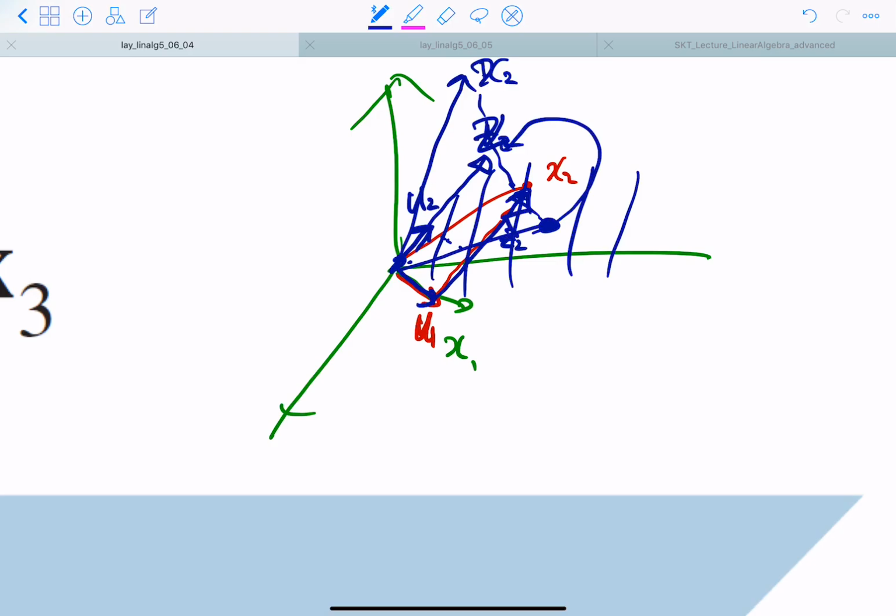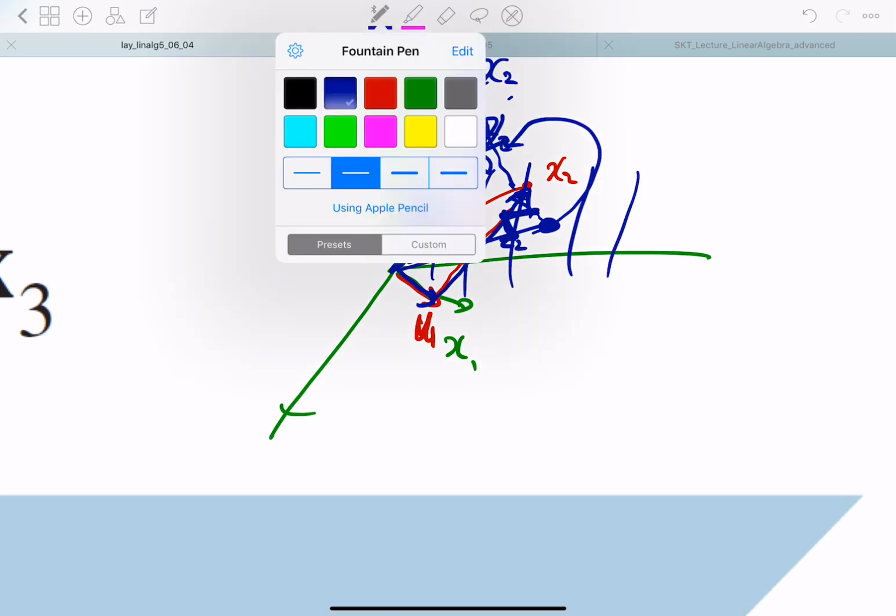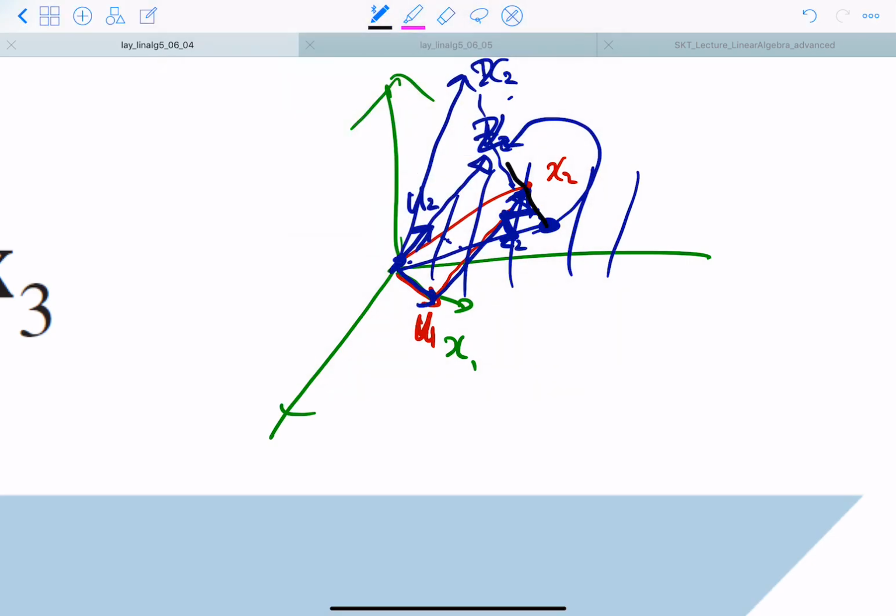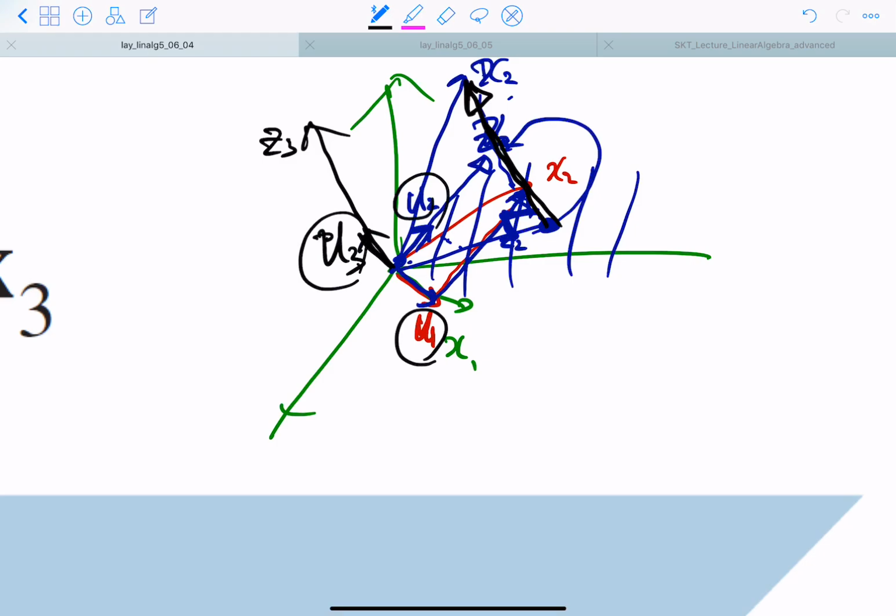Okay, so over here the angle is 90 degrees. This part is our c3, and then we just normalize it into u3. So u1, u2, and u3. Although the figure is a little bit messy, you can imagine this process, right?